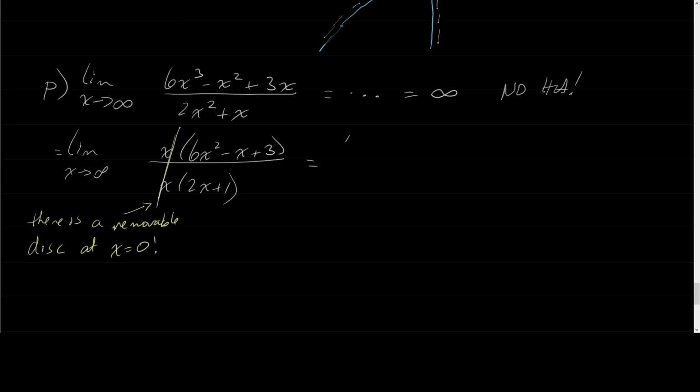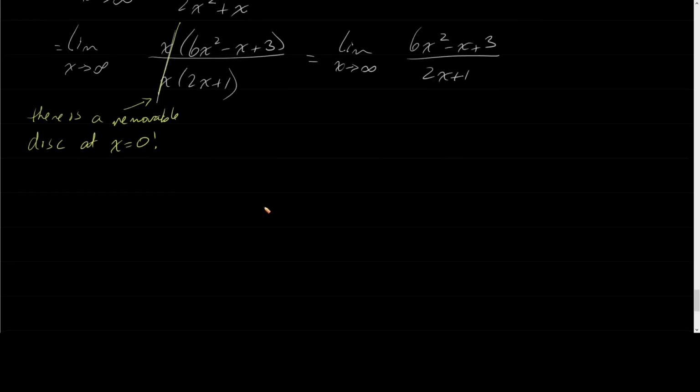So what do we end up with now? We've got the limit as x goes to infinity of 6x squared minus x plus 3 over 2x plus 1. Now in here, I'm going to do long division again: 2x plus 1 into 6x squared minus x plus 3. To go from 2x into 6x squared, we multiply by 3x.